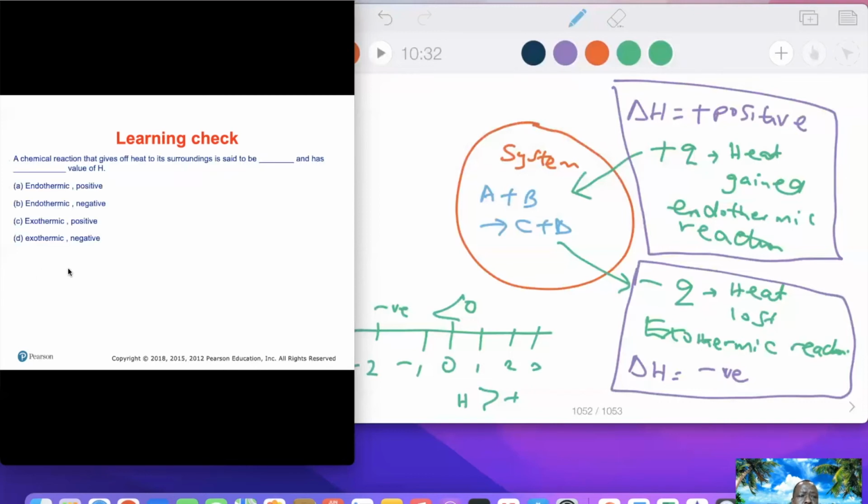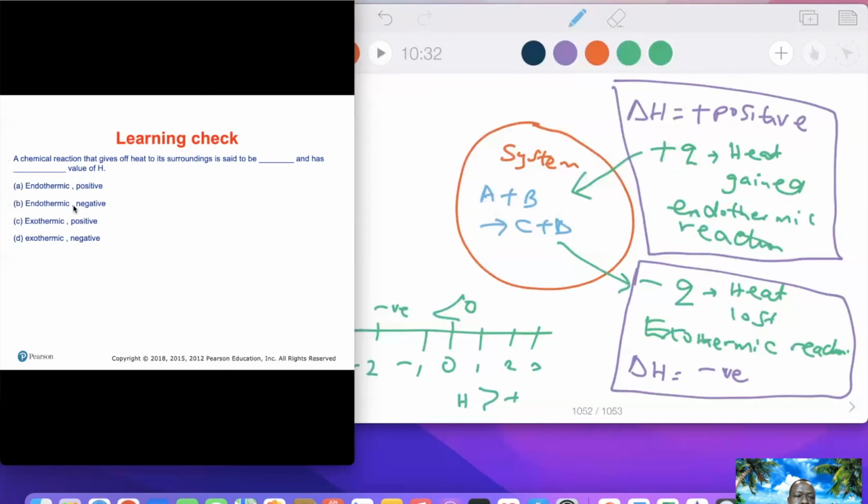Here is another example on critical thinking. A chemical reaction that gives off heat to the surroundings is said to be exothermic, and giving away heat has a negative value.